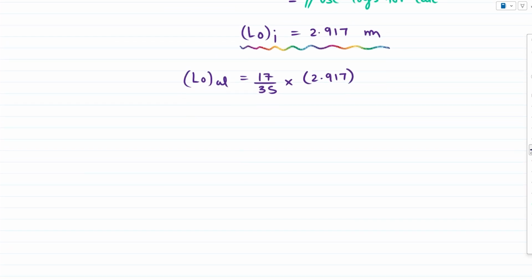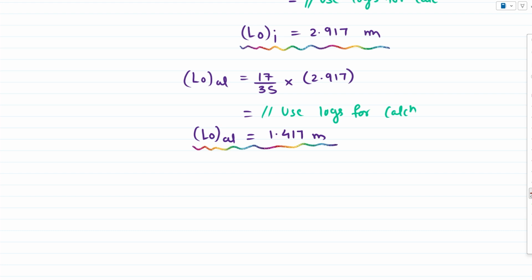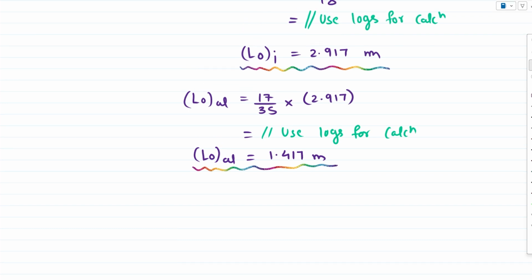And again, you'll have to use logs for further calculations, so I'm just going to write use logs for calculations. But in the video, we'll do it directly. And if you solve this, you would get the answer as 1.417 meters. So this is the length of aluminium rod when measured at 0 degrees Celsius, and this is also the second part of our solution. And with this, we are done.